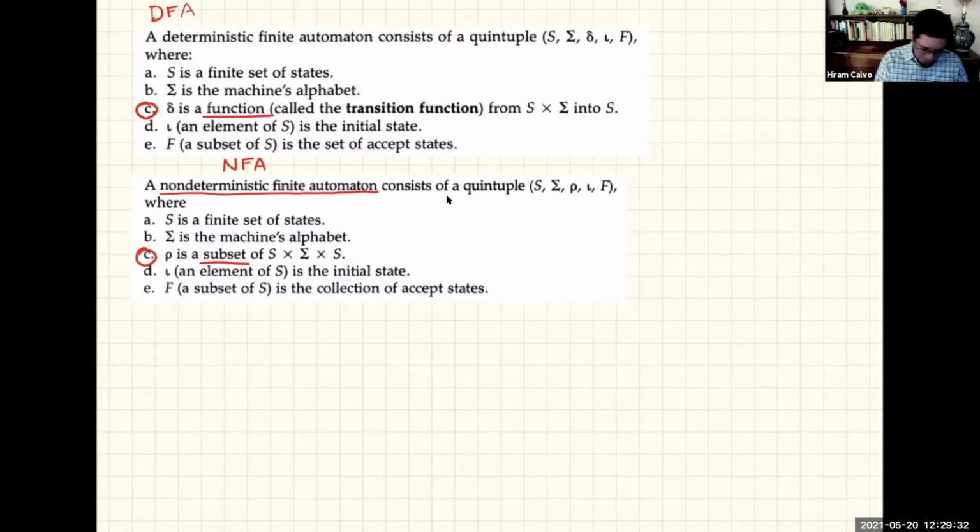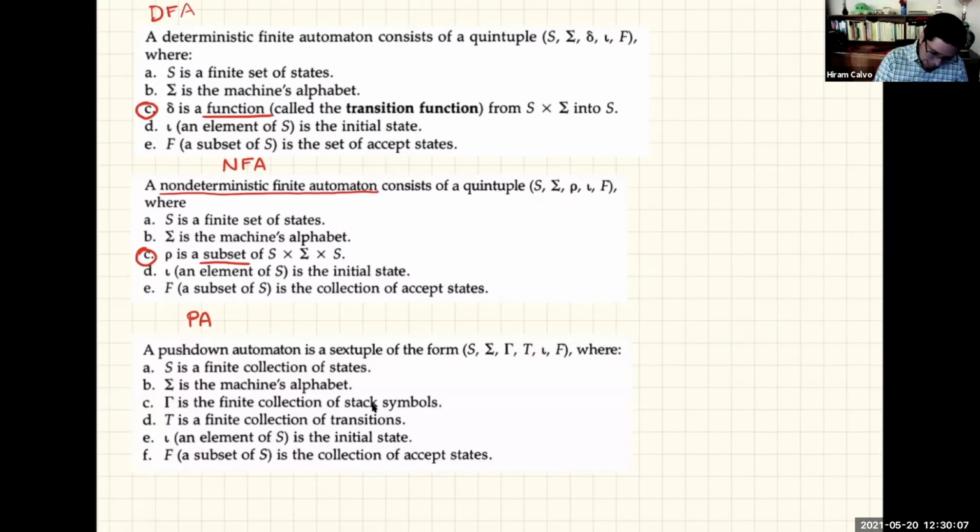And now let's compare with the push-down automaton. Let me search for the definition so that we can have all the elements in order to compare this. Here it is. So we are comparing definitions because I want you to see an important question here regarding the deterministic and non-deterministic features of these machines.